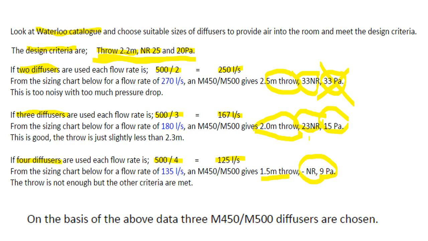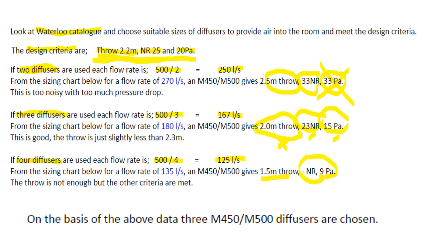This one is checked, this one is checked, but this one is not. So if we choose 4 diffusers, then we'll have 125 liters per second per diffuser, 1.5 meter throw, and there's no noise reduction level required.